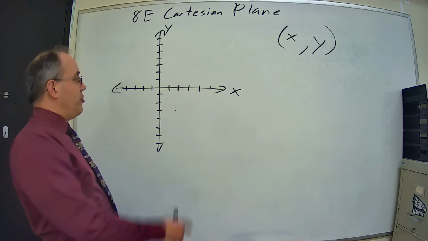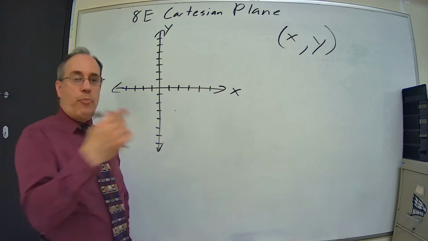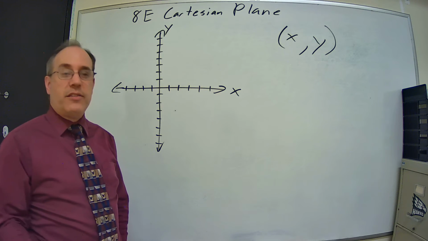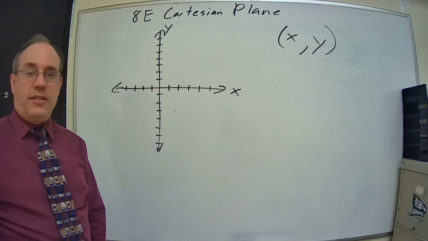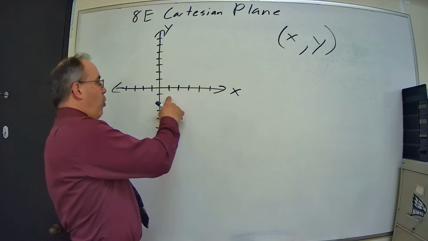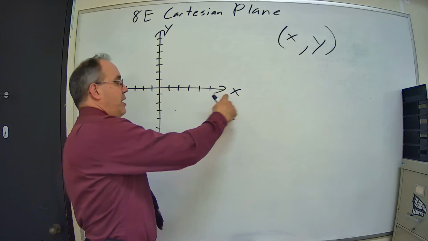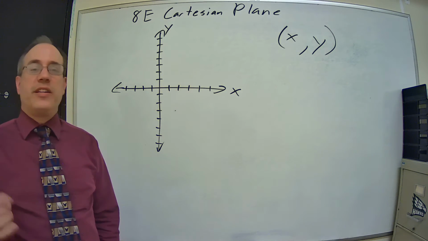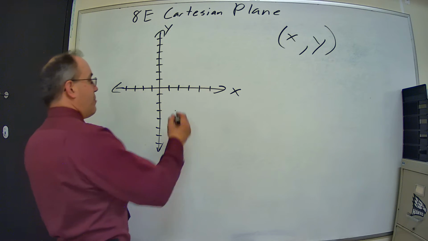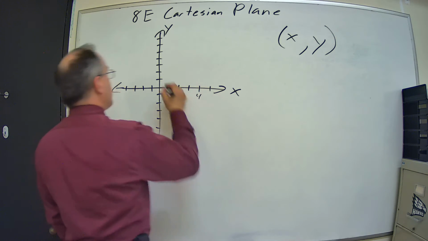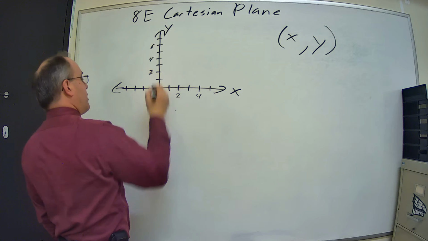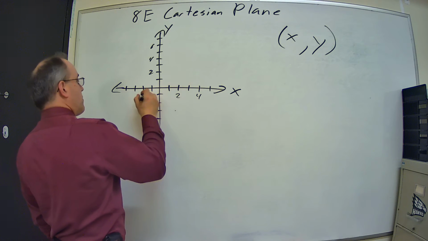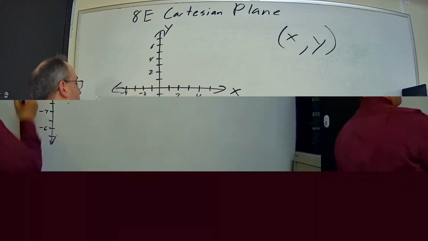So you either want to count by ones, count by twos, count by threes, count by fives, count by tens, but you want to be consistent. You don't want to go 1, 3, 7, 8, count by a certain amount. So you should have consistent indices. I'm just going to go 2, 4, 6, negative 2, negative 4, negative 6.